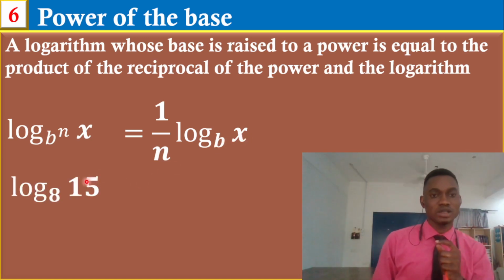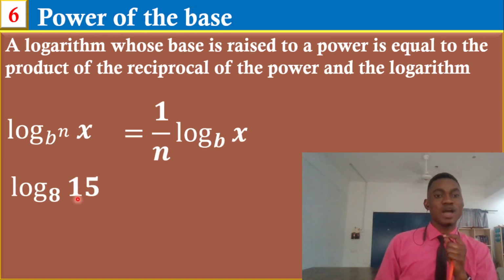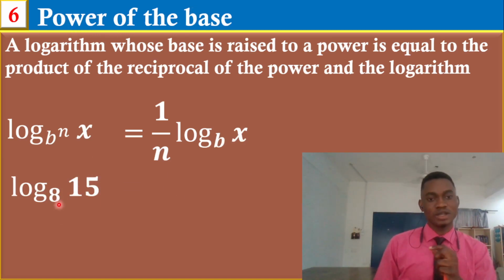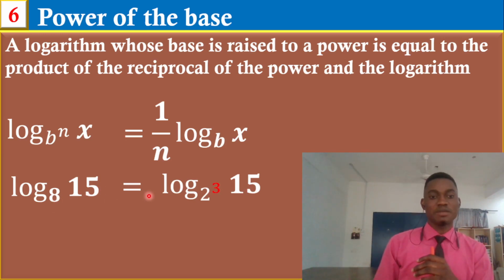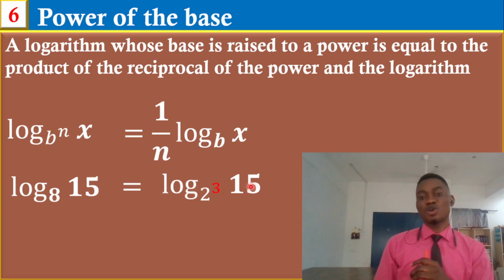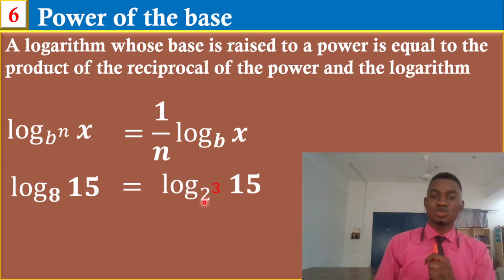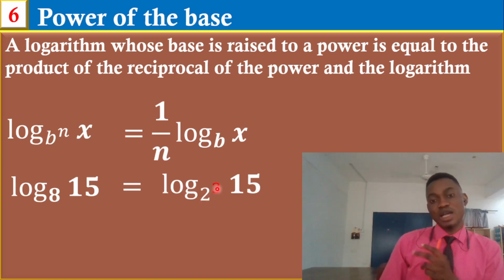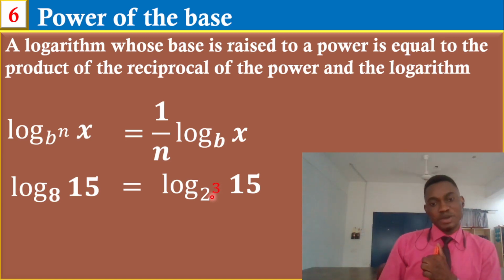Let's take an example on this law, power of the base. We have log 15 base 8. Log 15 base 8 can be written as log 15 base 2 raised to the power of 3. As you can see, the base 2 has a power of 3. So what do we do based on the provision of the law?